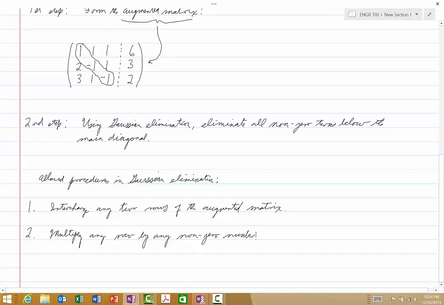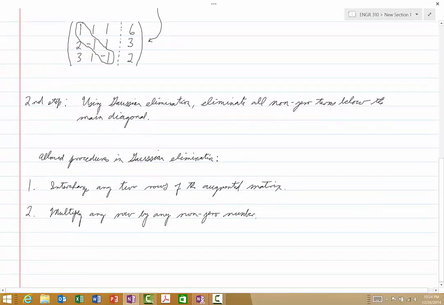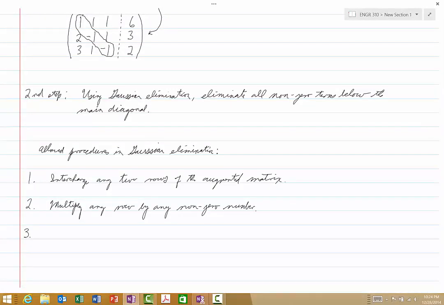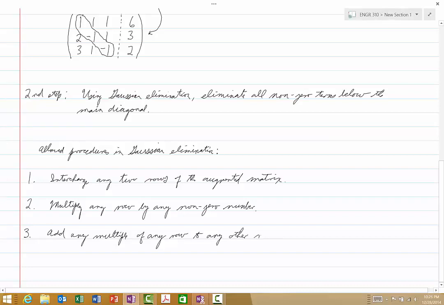The only number we can't multiply a row by is 0. And 3, and this is the procedure that you will use most often, we can add any multiple of any row to any other row.